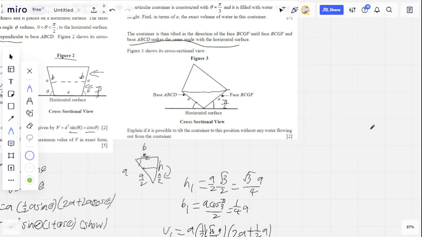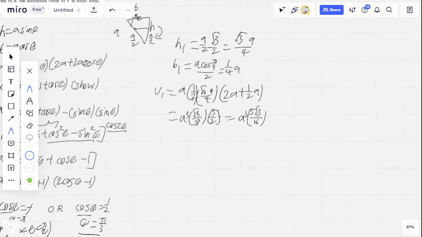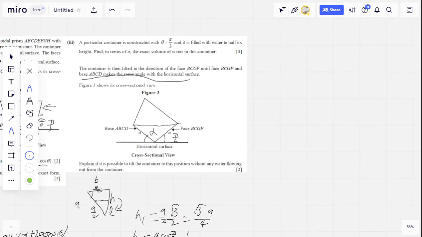So how do you find the volume? Same idea, but now it's a triangle. Now it's the area of this triangle. Let's say we give this triangle alpha times the length, which is still, again, this length here, a. Alright, so what is the area of this new triangle? I'm going to do it right here so it's easier.